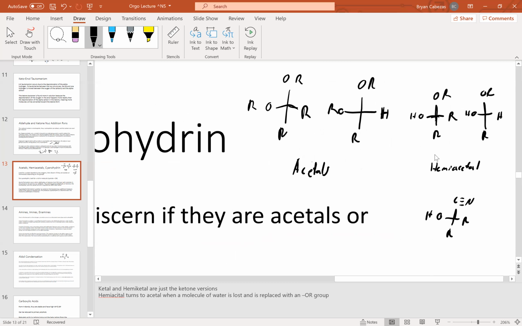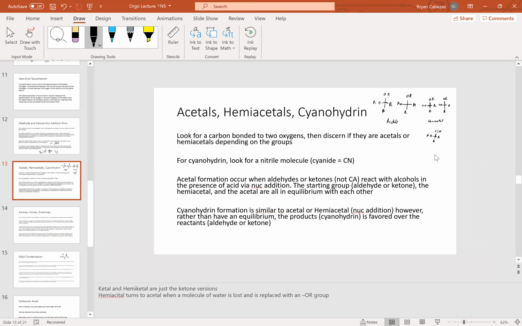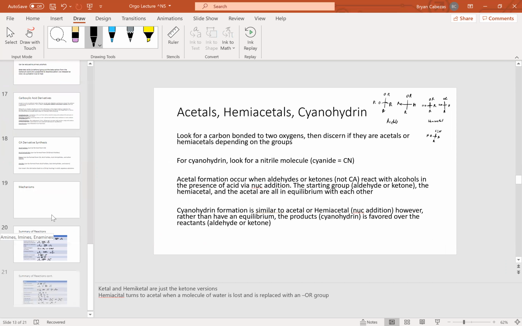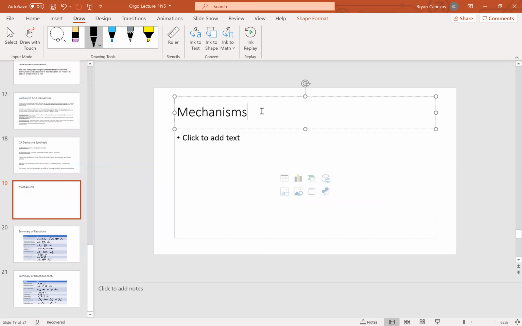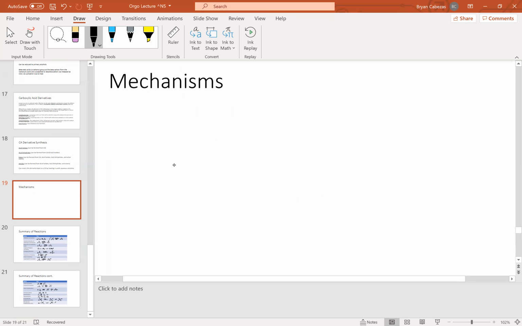Actually, instead of erasing that, I have a slide in this presentation where we can do mechanisms and reactions. For the acetal and hemiacetal formation, we're going to have the addition of an alcohol with acid to our ketone, for example.